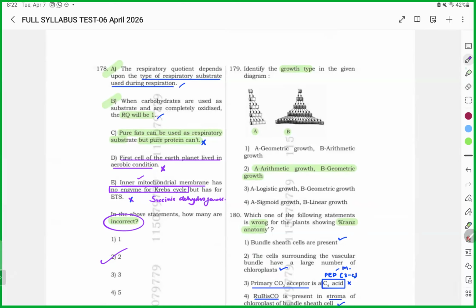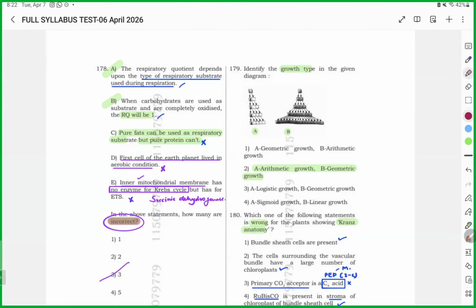Actually, answer will be 3. You have to be very conscious what is the demand of the question. You cannot make mistake. That's why you are writing full syllabus test. When yesterday you wrote full syllabus test, you understood, okay, I will make mistake like that, and I should not repeat those mistakes again at any cost.